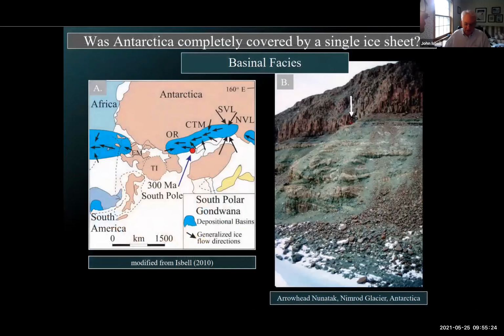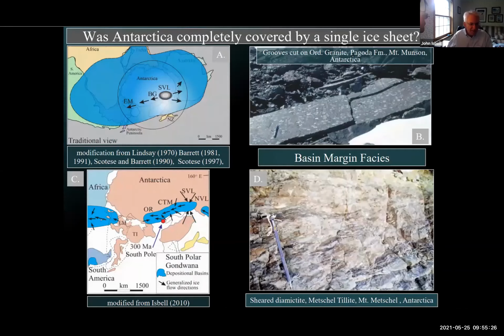So if we look at the basins, and particularly this basin that stretches through the middle in blue, labeled as OR, the Ohio Range, running through to southern Victoria Land, SVL, we can identify basin margins. Basin margins would occur towards the bottom of the diagram and toward the top of the diagram.